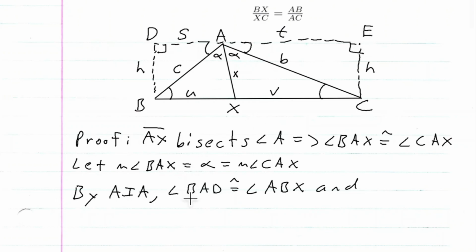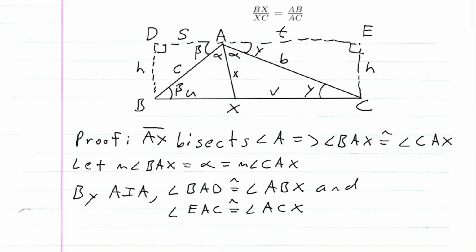So angle EAC is congruent to angle ACX. Okay, so now let's have this measure be beta. So we know this is beta. And we'll let this guy be, let's say, y and y, just a variable we haven't used.